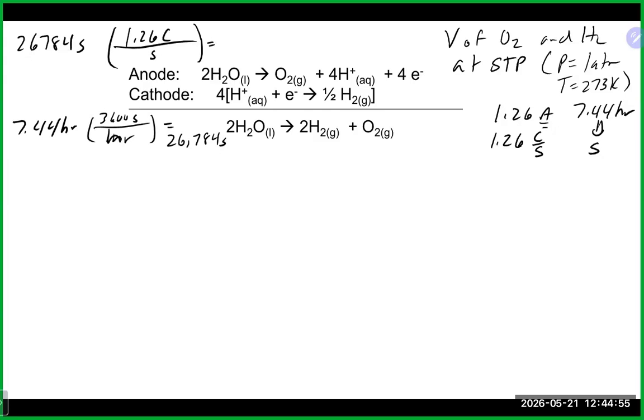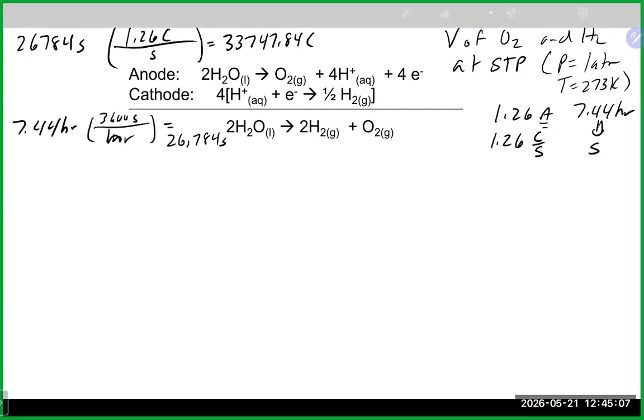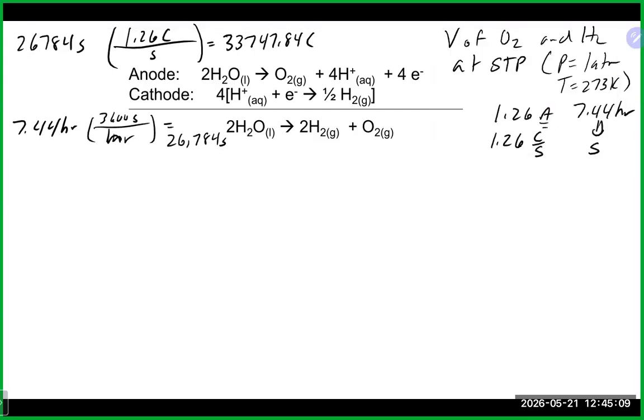That's going to get us about 33,747.84 coulombs. Once again, this is where we use Faraday's constant to go from coulombs to moles of electrons so that we can eventually use our half reactions there to get to moles of what we're interested in. So here we're just going to divide by Faraday's constant.